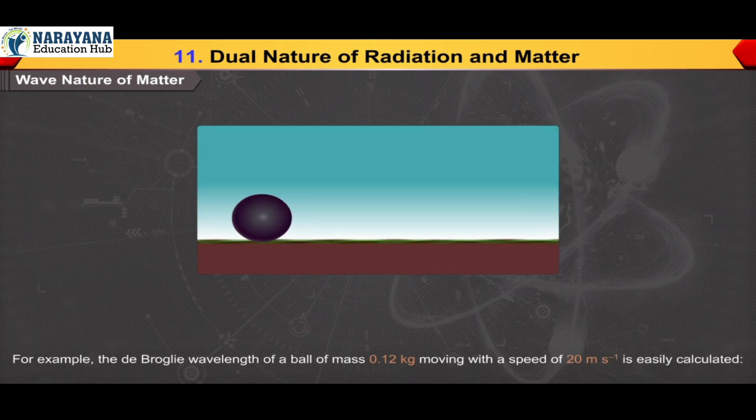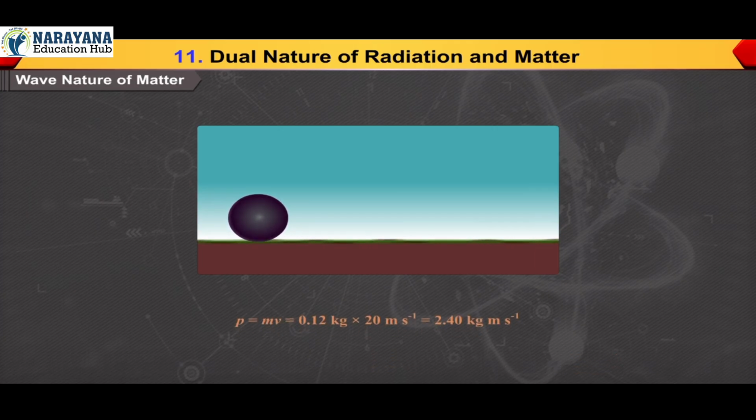For example, the de Broglie wavelength of a ball of mass 0.12 kg moving with a speed of 20 m/s is easily calculated. p = mv = 0.12 kg × 20 m/s = 2.40 kg m/s. Lambda = h/p = 6.63 × 10^-34 J s / 2.40 kg m/s = 2.76 × 10^-34 m.